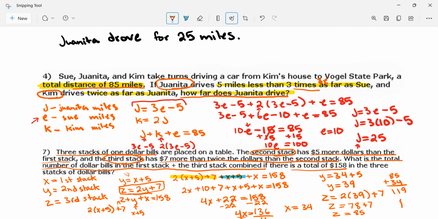So we're going to say the total of the first and third stack combined is $119. And that's our answer.